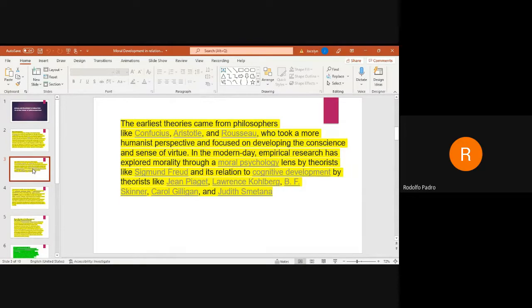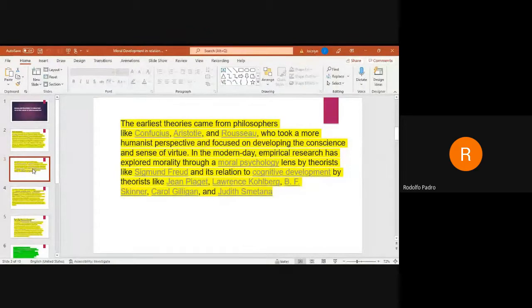So in the modern day, empirical research has explored morality through moral psychology led by theorists like Sigmund Freud, and its relation to cognitive development by theorists like Jean Piaget and Lawrence Kohlberg, and Burrhus Frederic Skinner, also known as B.F. Skinner, who is a founder of behaviorist psychology.